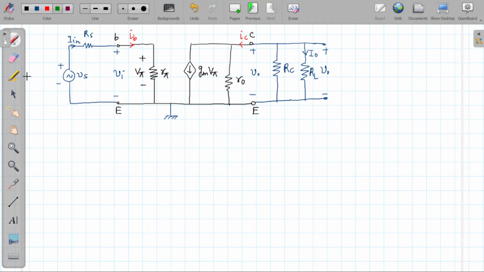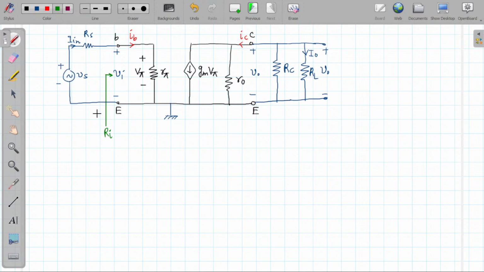Now let us first denote the input impedance. Where is the input impedance? If we want to talk about the input impedance of the bipolar junction transistor only, this will be the input impedance, and let us denote it as Ri, because we have said that this is the internal input impedance of the bipolar junction transistor.